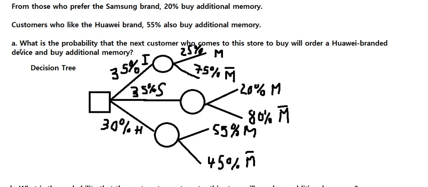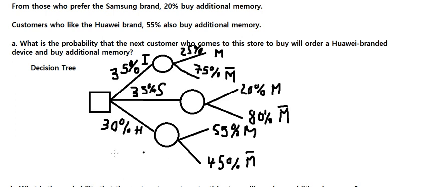On question A, what is the probability that the next customer who comes to this store will order a Huawei-branded device and buy additional memory? For Huawei we have 30%, and for additional memory, that is 55%.